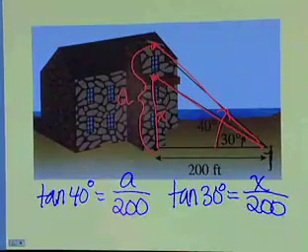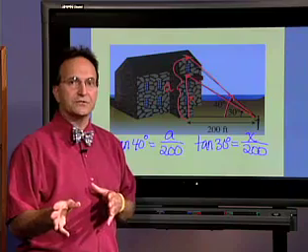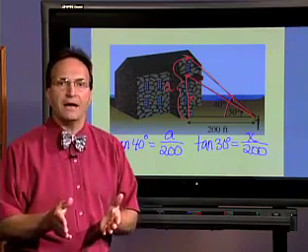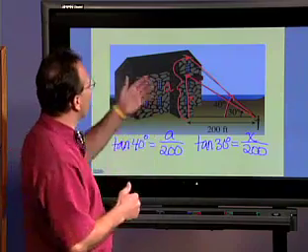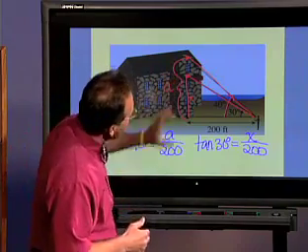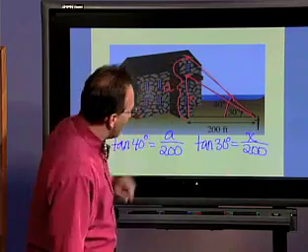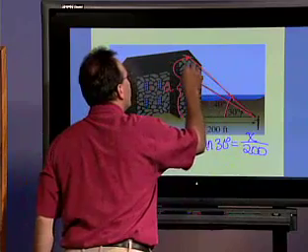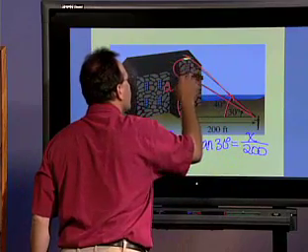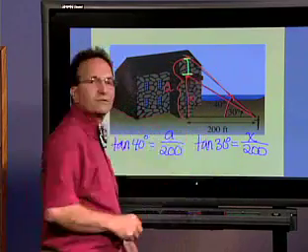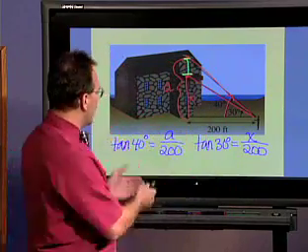So once again, we'll take those two equations and use them to solve for A and X, and what we're going to come up with eventually is the height of the observation deck. So first we need to calculate this information.